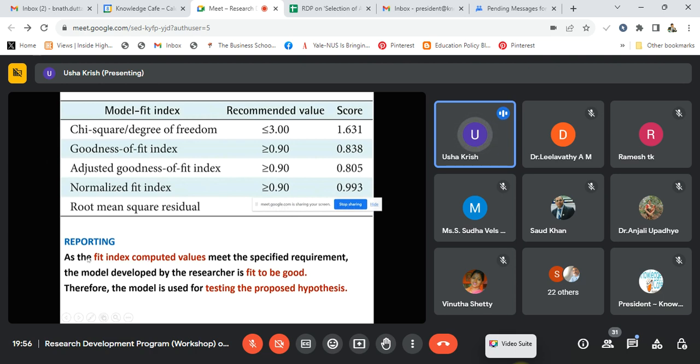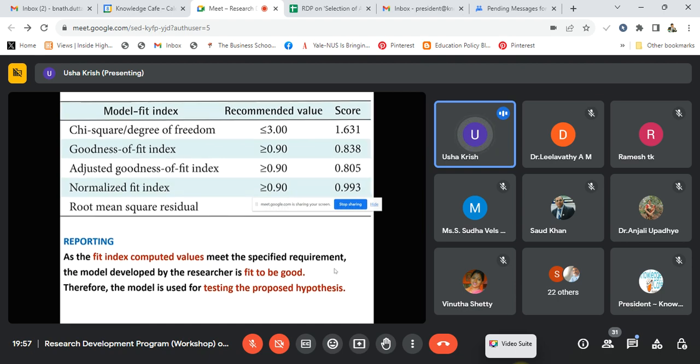Now I will move to the interpretation part. How to write, I just read. As the fit index computed values meet specified requirements, the model developed by the researcher is considered good. Therefore, the model is used for testing the proposed hypothesis. That's all. Okay, we'll move to the next one.